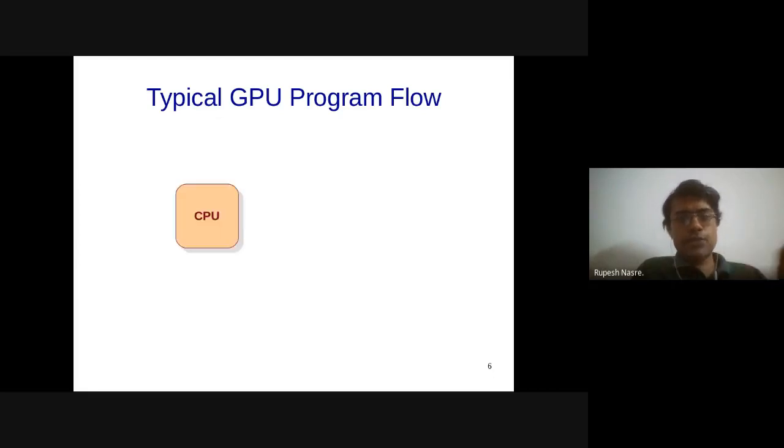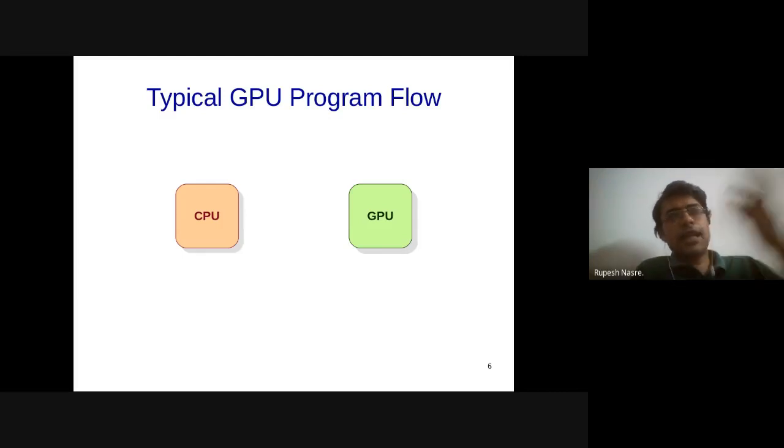So we again have these two devices, CPU and GPU. They are interconnected via some PCI Express bus or NVLink and so on. In typical real world scenarios, the CPU is not going to generate the input, right?